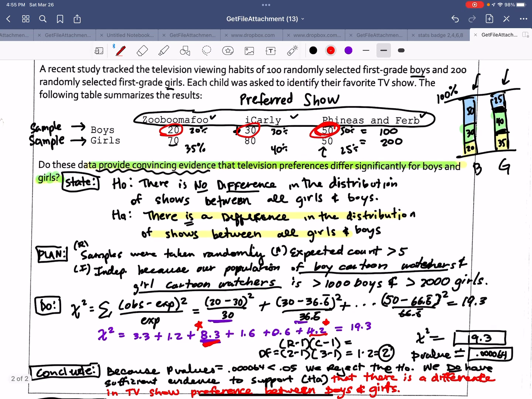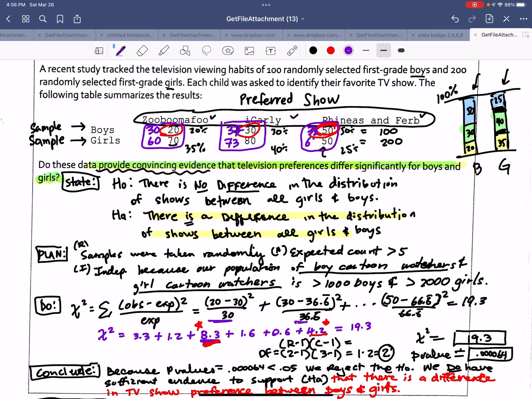So I'm actually going to put the numbers right next to here. They expected 30. They expected 60. Neither of these are that far off, right? They expected 36 or 37 if we round up. They expected 73. So nothing's too crazy. But here they expected 33.